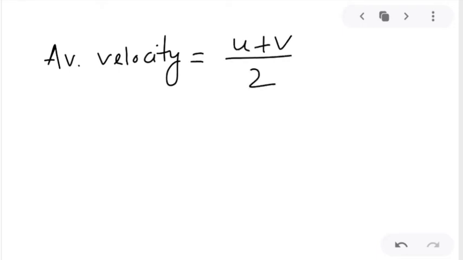Now if the body is moving with this average velocity, then how much distance will it cover?